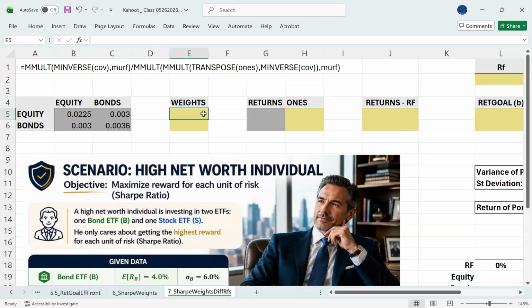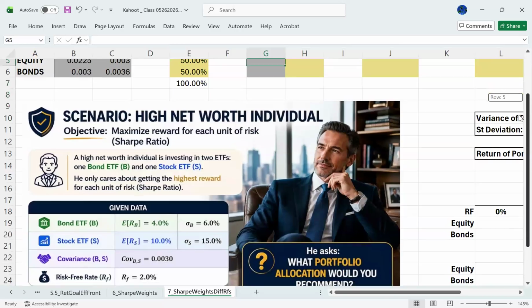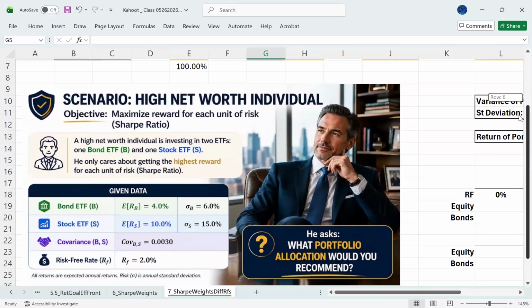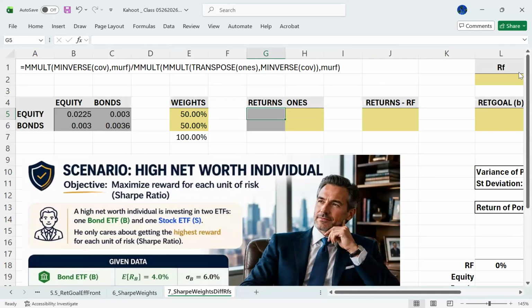Now, let us quickly use Solver once again just to confirm that our answers are correct. Let's begin with some random hypothetical weights of 50%, 50%, and the sum of these weights is 100%. We have a returns matrix: 4% for bonds, 10% for equity.